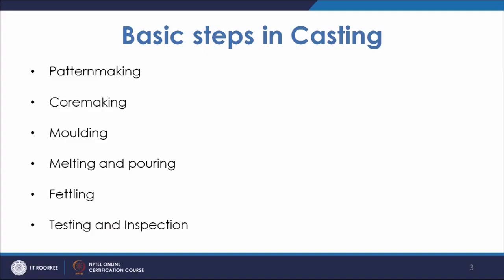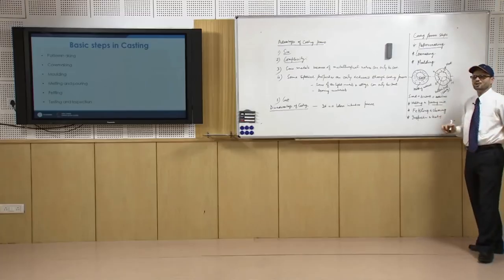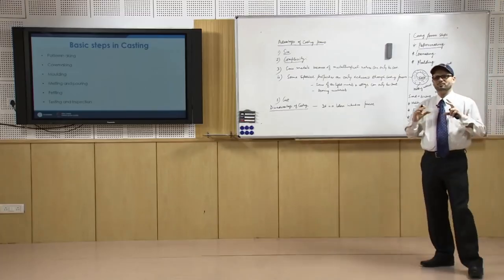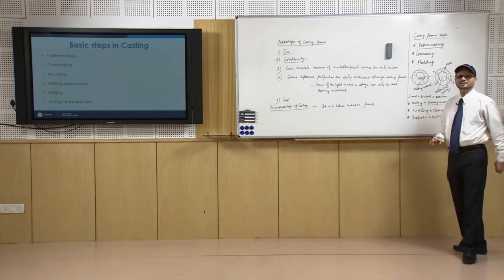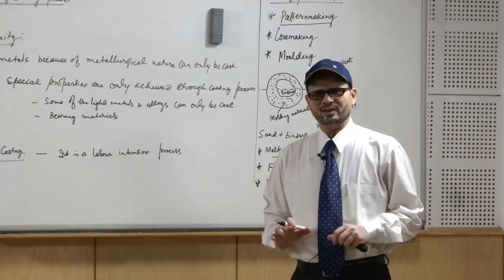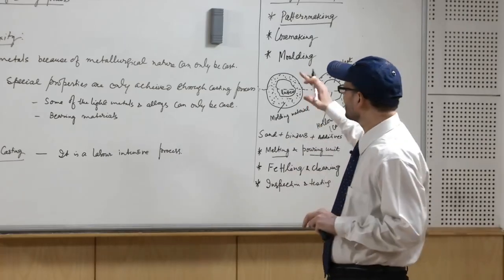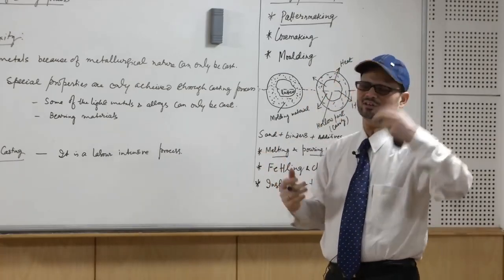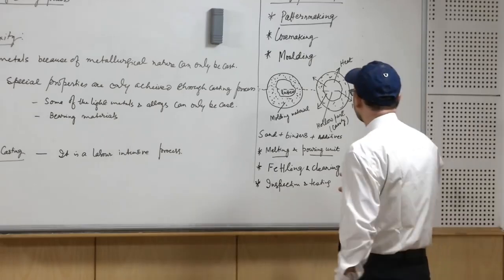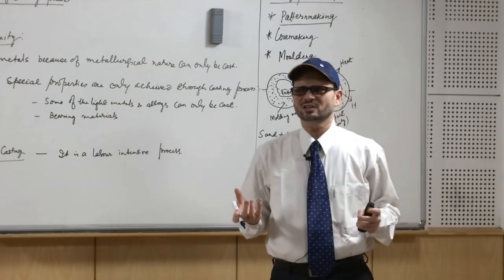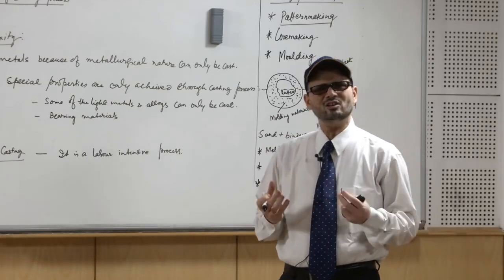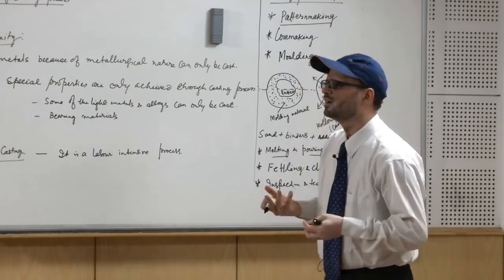So, finally, once you have cleaned the product and the product is ready, you will have to also ensure that the product is metallurgically okay, it does not have defects. We will discuss about these defects in the long run, but a cast product, because it is a phase change process, you have the possibility of having different type of defects.